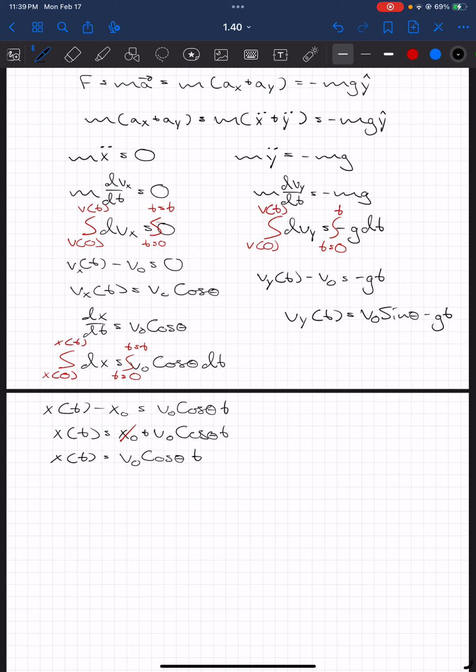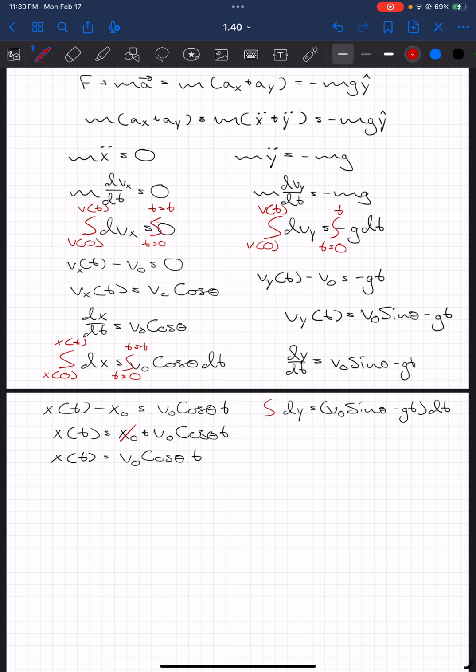Of course, we want to take our integral one more time to get our position function. So I'll write it out as dy over dt is equal to v naught sine theta minus gt. Multiply both sides by dt. We get dy is equal to v naught sine theta minus gt times dt.